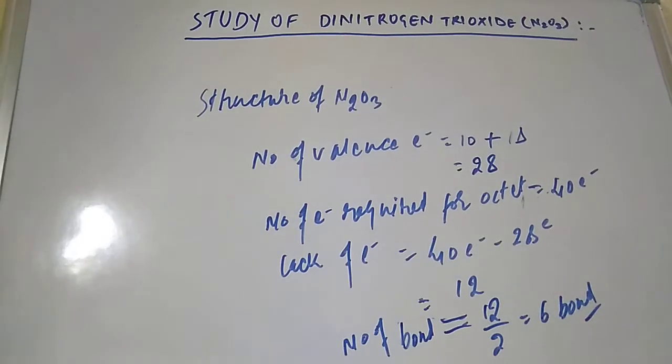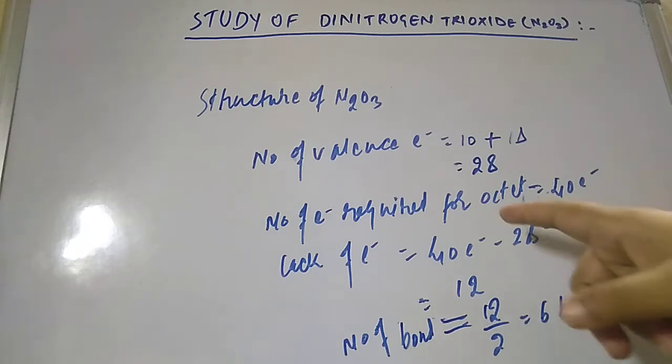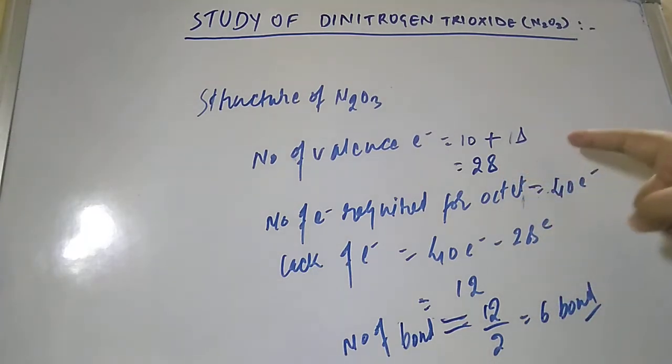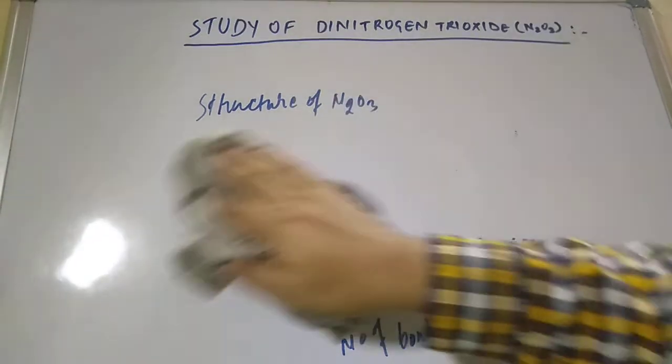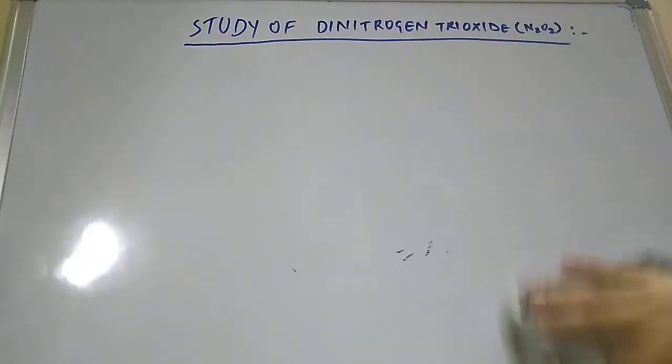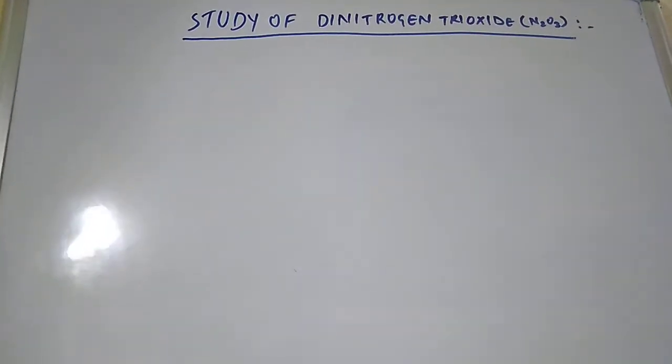So 6 is the bond pair, and how many lone pairs do we have to represent?